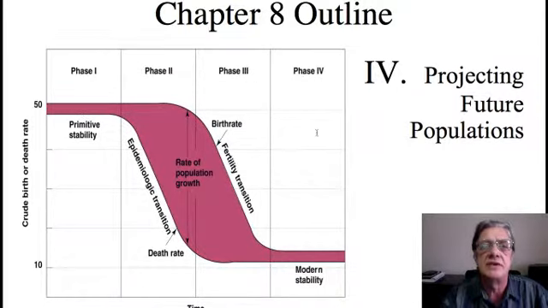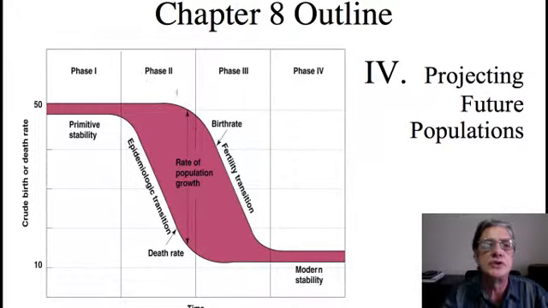In the final phase of the development of a population, which we call here the modern era, you have both a low death rate and a low birth rate. Again, the difference between these two being relatively small and therefore allowing for a relatively small amount of population increase.